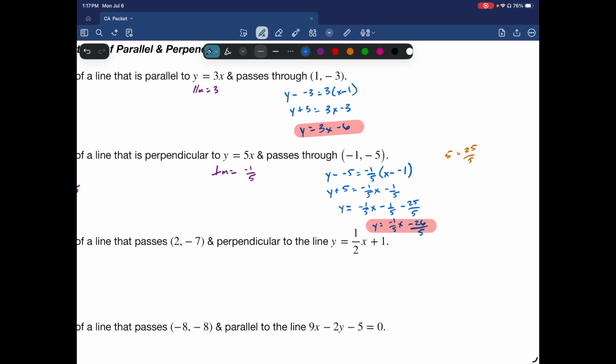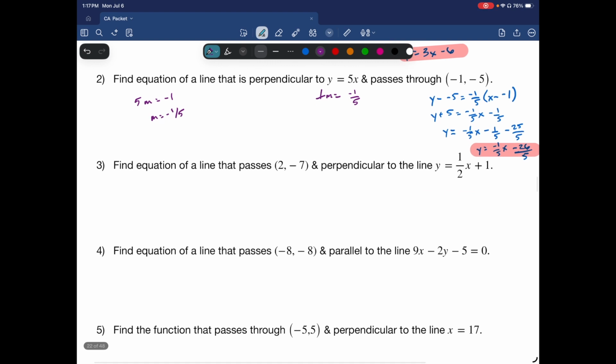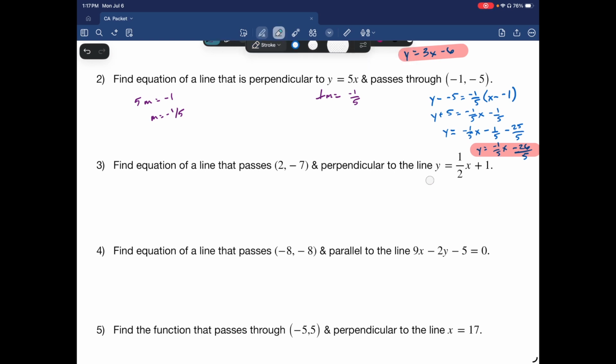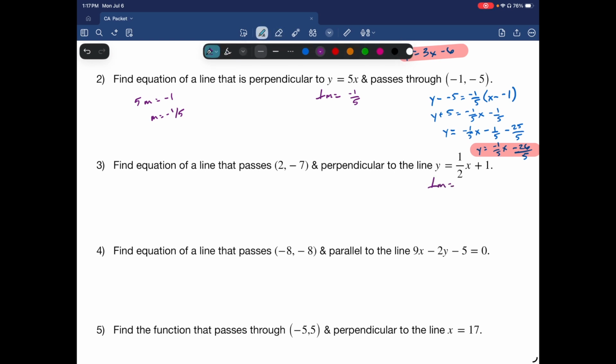All right, let's keep going. Number 3 says find an equation of a line that passes through this point and is perpendicular to the line y equals 1/2 x. They told us that 1/2 is my original slope, so my perpendicular slope is going to flip that and change the sign. So I end up with -2.